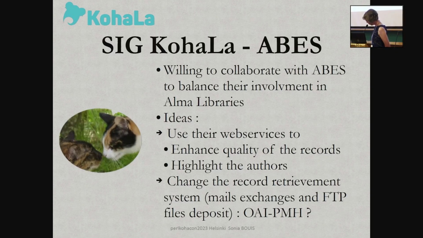We also want to highlight the authors. ABES provides the IdRef database. That is a database for the authorities with identifiers, and we use it to provide other publications from the authors in Koha.